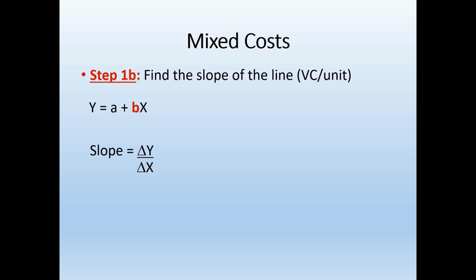The formula for the slope of any straight line is delta y divided by delta x, like this. That means the change in cost between the high point and the low point divided by the change in activity between the high point and the low point.